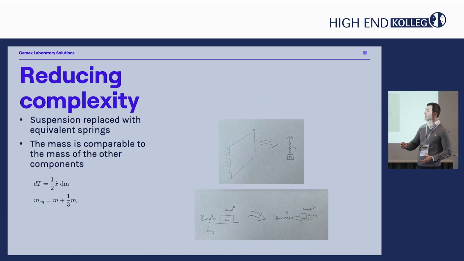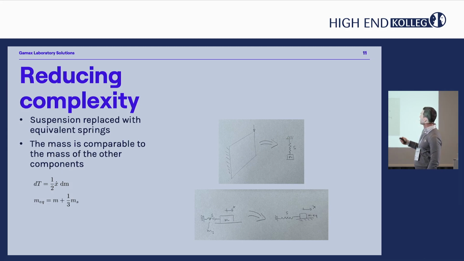From our structural mechanics knowledge from university studies, we can turn this suspension into a mass-spring system. From the deflection, since it's quite a simple load, we can calculate the equivalent stiffness of the model. So we don't need to explicitly model it, but we can use it as a boundary condition.